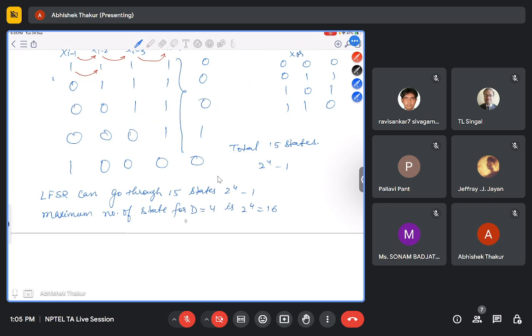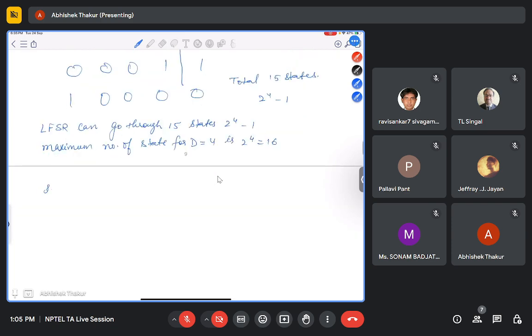In that case, if the LFSR is initialized with the 0 0 0 0 state, it continues in the same state. So if the LFSR is initialized with 0 0 0 0, then this is our xi minus 1.